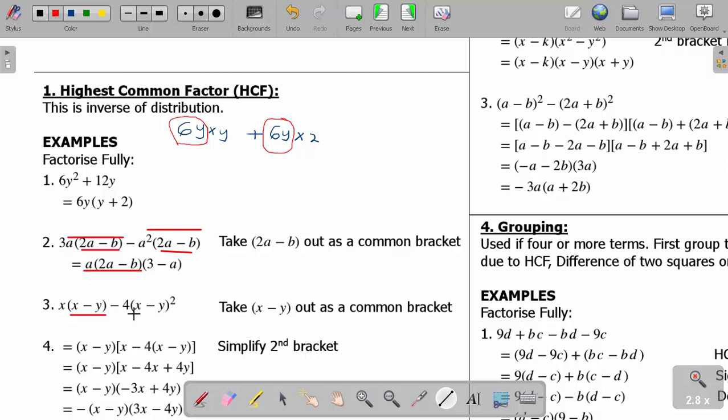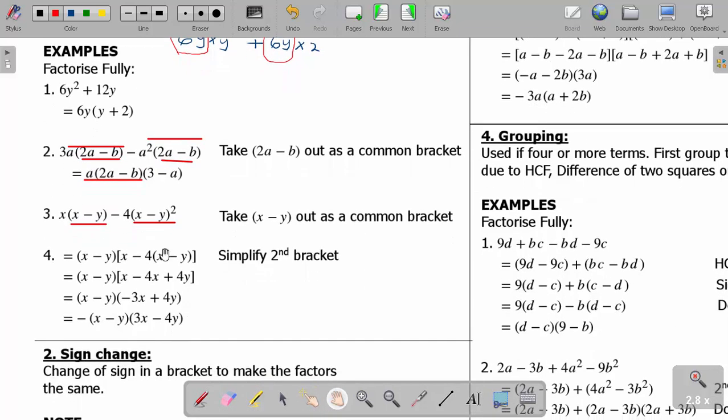So I can take out one of the x minus y as a common bracket. If I do so, I'm left with x only. That's why it is only x here. What is going to be now? Minus 4 into the remaining x minus y. So open bracket, I'm going to get here minus 4x.